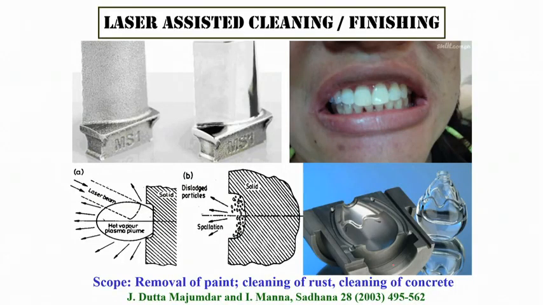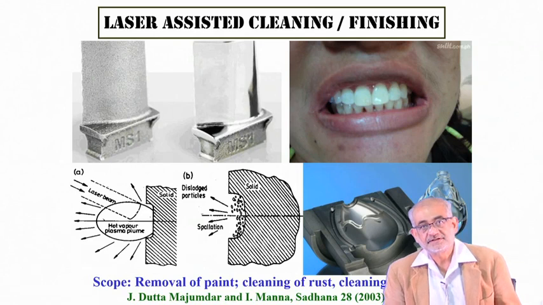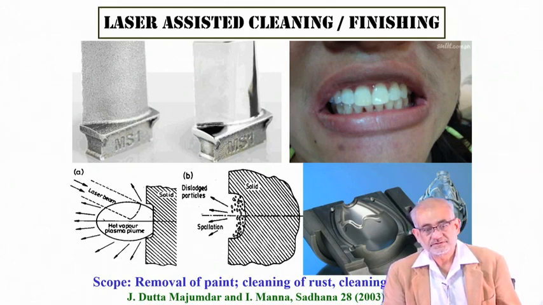Now, laser can also be an extremely precise tool for cleaning or finishing. As I said, the beam can be shaped and focused in such a way that at the focal point the diameter could be just a few micrometers, as small as that.